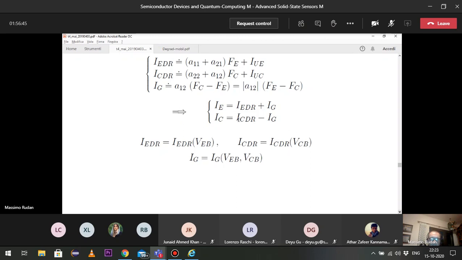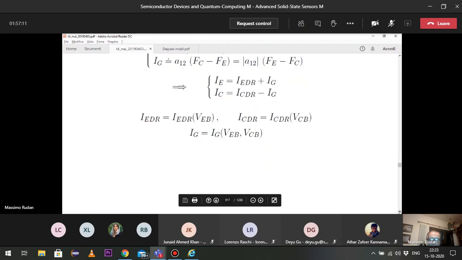But this is very easy again. Each current is the sum of two currents, so it is a parallel of two terms. The first term is a diode that depends only on the voltage of the same port. The second term is a current that is in parallel, and it is the same current for both, okay? So now we can go to the figure.